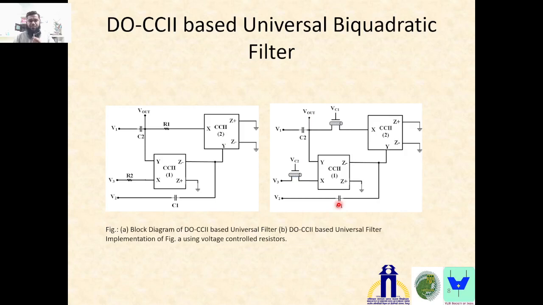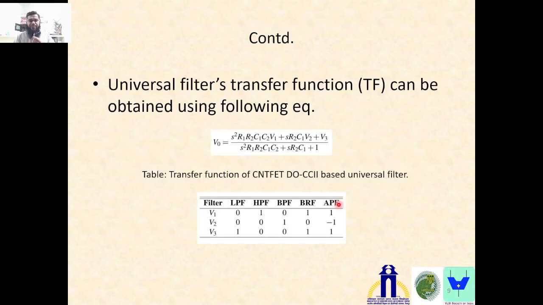As this is a MISO circuit, if we put V1 and V2 as 0, and V3 equal to 1, then we can have a low pass filter. Similarly, for high pass filter, we put V1 as 1 and the other two ports as 0. Similarly, band pass filter.